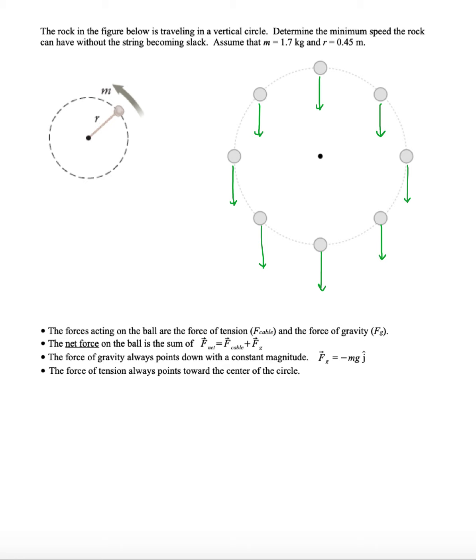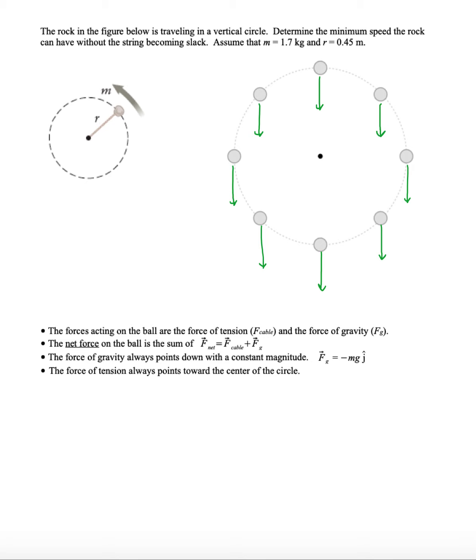Now, since this is a vertical circle, and the rope always pulls in towards the center, the rope cannot speed up the particle nor slow it down. The only thing here that could speed it up or slow it down would be gravity.